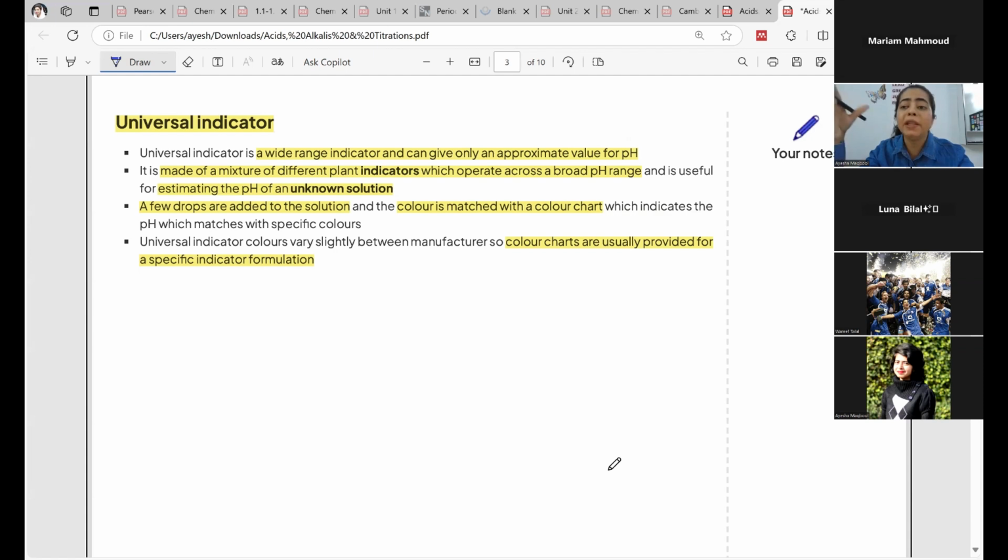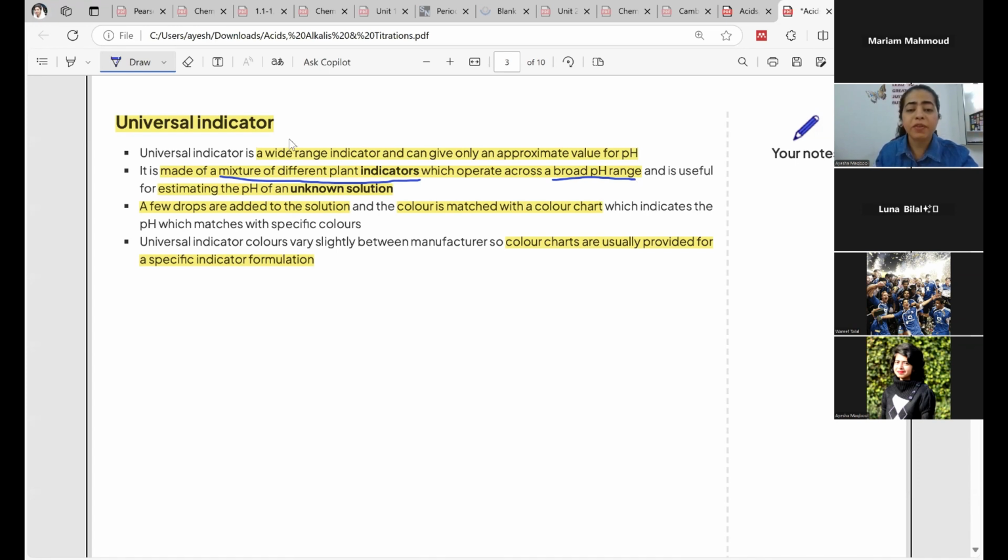It is giving you mixed colors for each pH value, a range of colors. How can we make it? It is made from different plant indicators mixed together so that we can have a broad pH range, and we can easily identify the pH of an unknown solution.